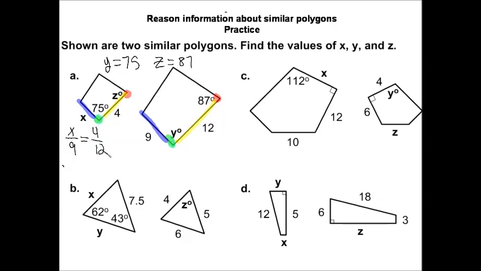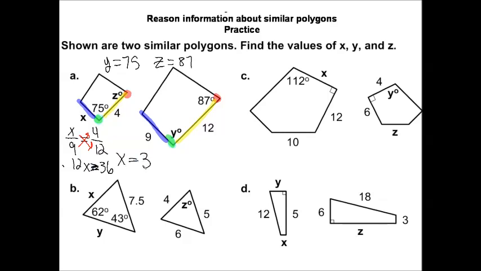Now, if you see that this reduces and you want to reduce first and then multiply to make your division easier, you can do that, but you don't have to. I'm not going to, but you could if you wanted to. I get 12x is equal to 36. That's an equal sign. Divide both sides by 12, and you get that x is 3.